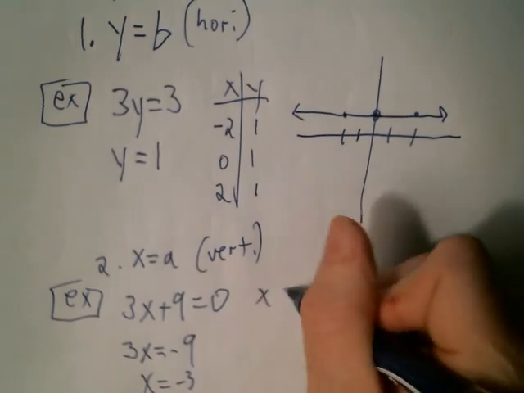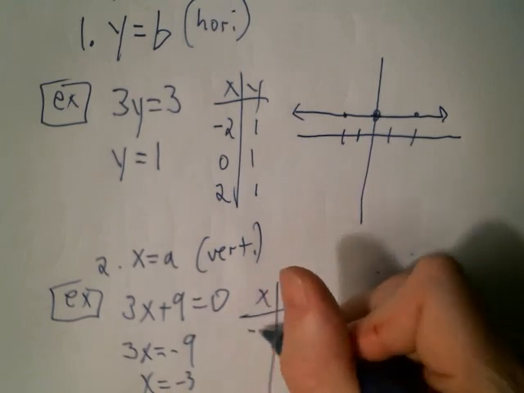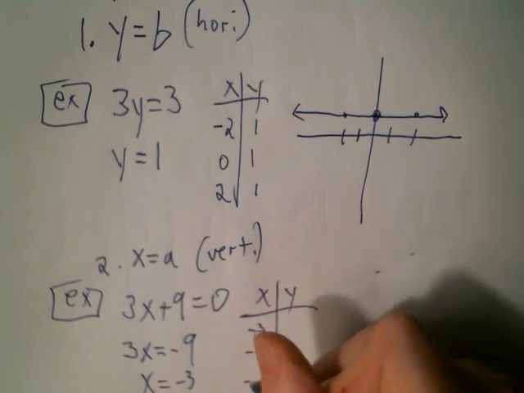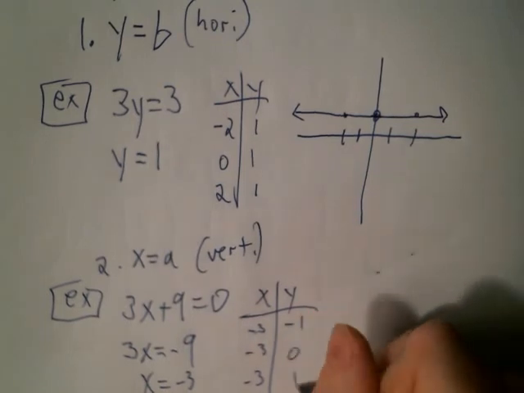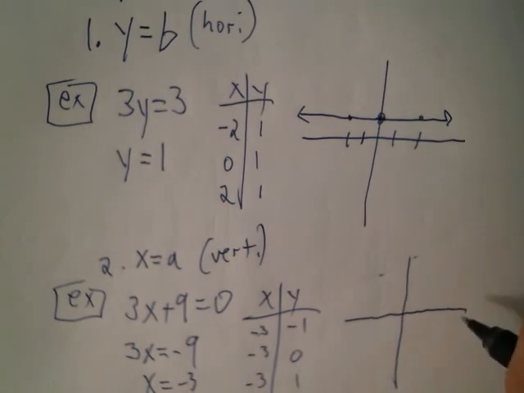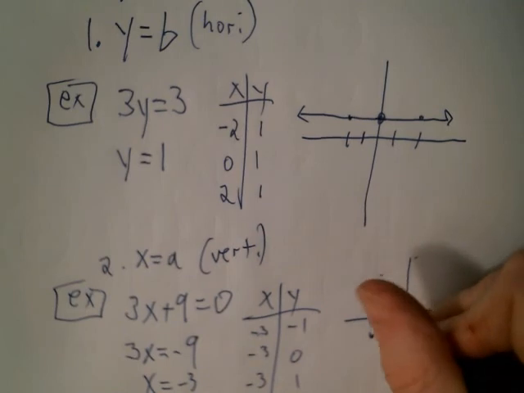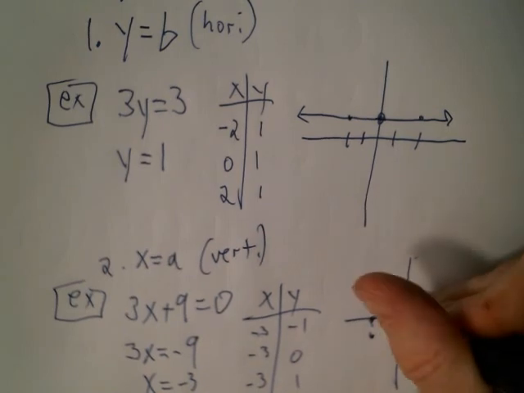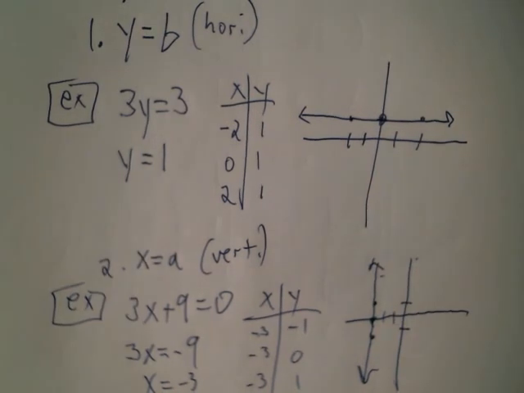And if you did a t-table or point plotting, x is always -3 and y can vary, so -1, 0, 1, whatever. All right, let's go over to the xy plane and plot those. So (-3, -1), (-3, 0), (-3, 1). And we see we get a vertical line like that.